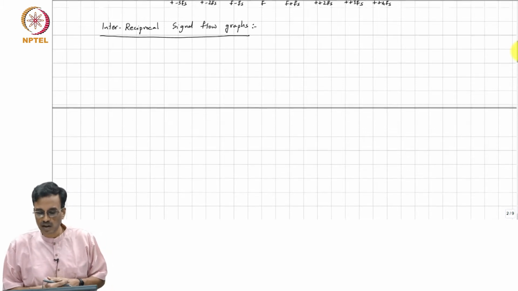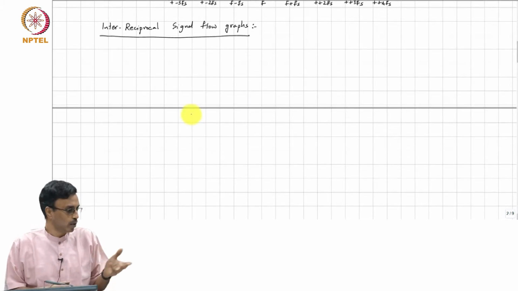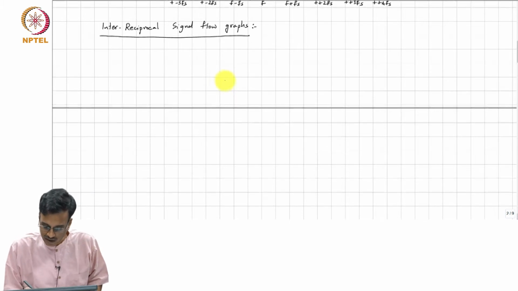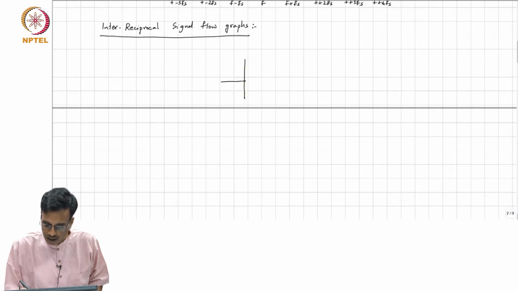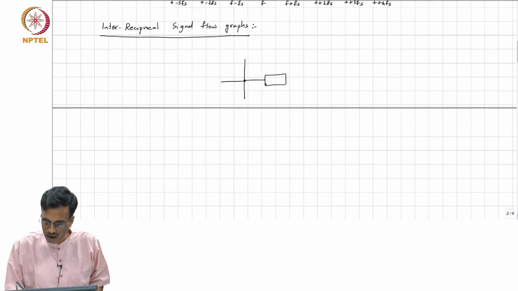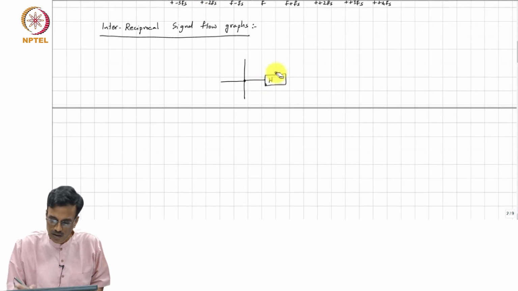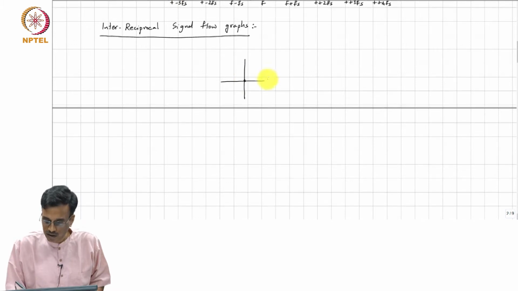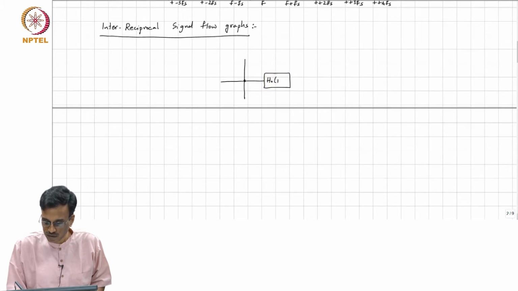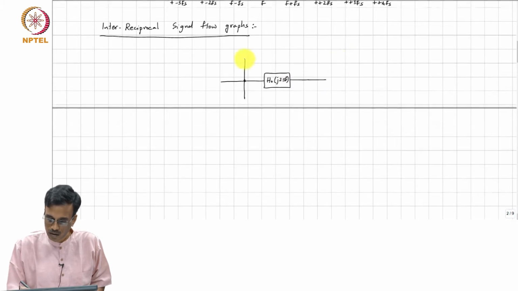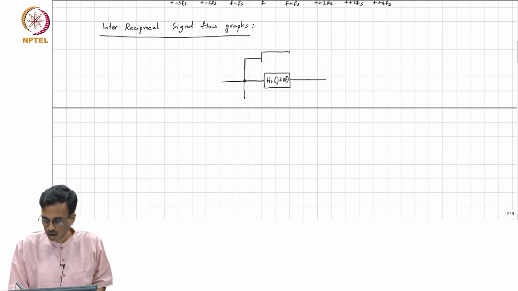Let me just take a typical signal flow graph that we've already seen so far, and that is the Zadeh expansion. Remember that any LPTV system from input to output transfer function can be basically mapped to this signal flow graph. So, this is h of j 2 pi f, and there is a whole bunch of stuff there.